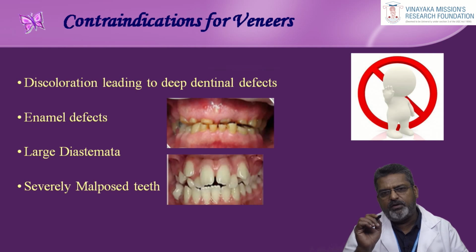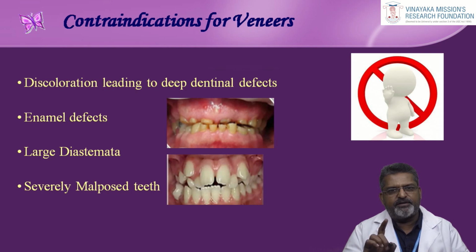So when your defect has reached the dentin, then that tooth is not an ideal tooth for veneers. Veneers are always a resin bonding mechanism. The bonding between your natural tooth and your veneer is via a resin cement.